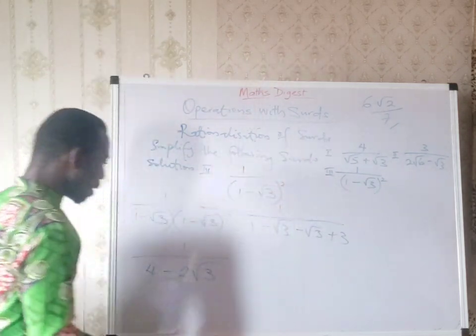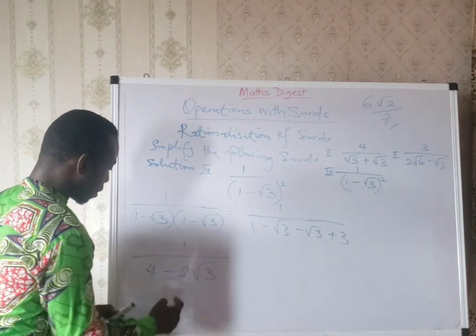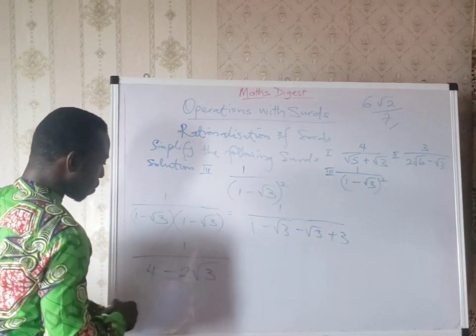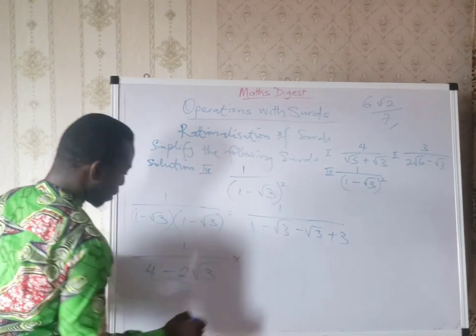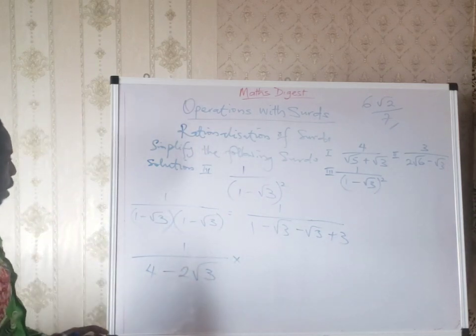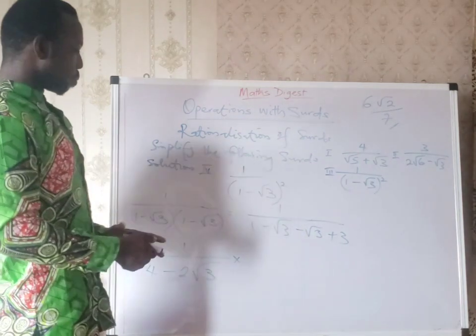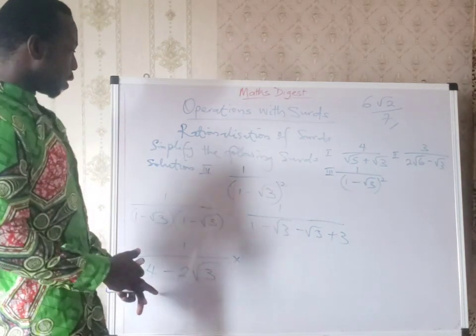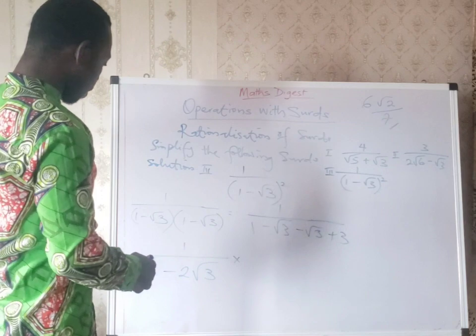Now from this, you can take the conjugate of this number, because the surd is still at the denominator side. Remember, the essence of rationalization is to remove the surd at the denominator side of any fraction.